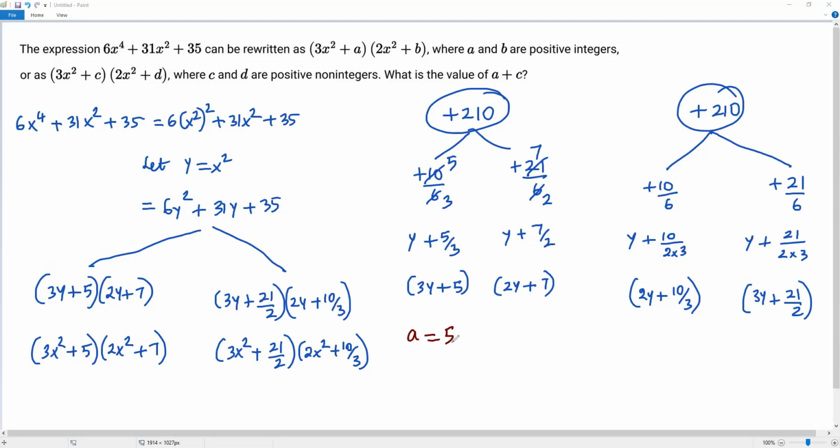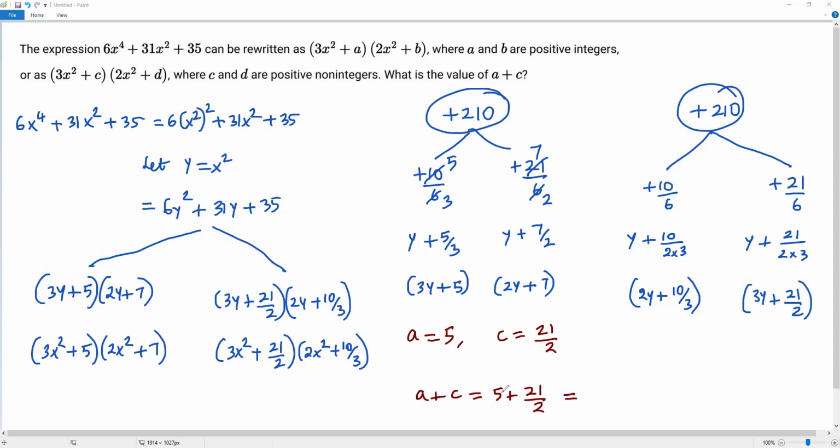And to get the value of c, let's compare 3x squared plus c and 3x squared plus 21 over 2. At the place of c, we have 21 over 2. So c equals 21 over 2. Now let me add a and c, that is 5 plus 21 over 2.